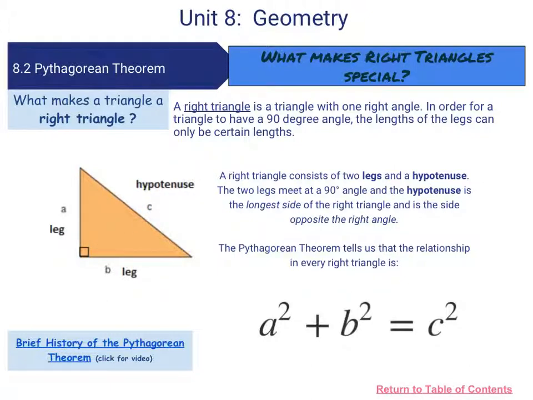If you think about it rationally, the reason that the side opposite the 90-degree angle is the longest is because the 90-degree angle within that triangle is the biggest angle. Can you tell me why the 90-degree angle is bigger than either of these two by themselves?